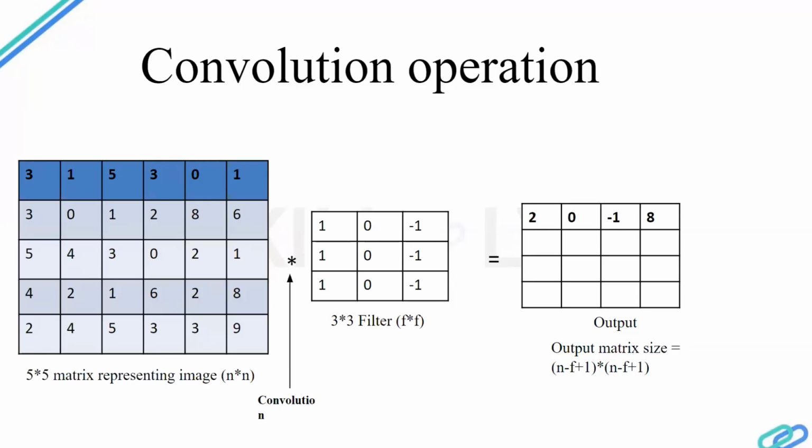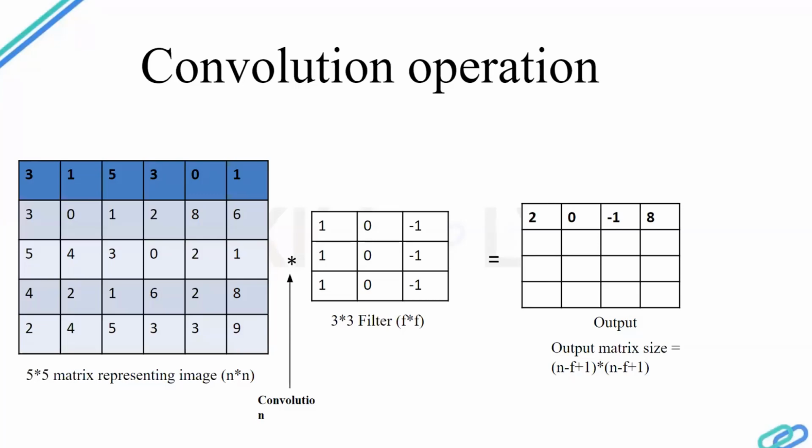For example, when we apply this, 3 will be multiplied with 1, 1 will be multiplied with 0, 5 will be multiplied with minus 1. In the next row, 3 will be multiplied with 1, 0 will be multiplied with 0, 1 will be multiplied with minus 1. Then 5 will be multiplied with this, 4 with 0, and 3 with minus 1.